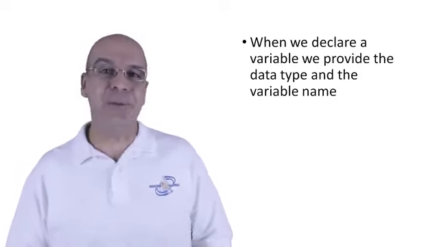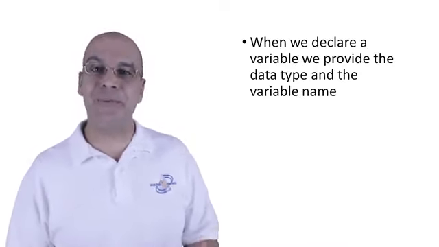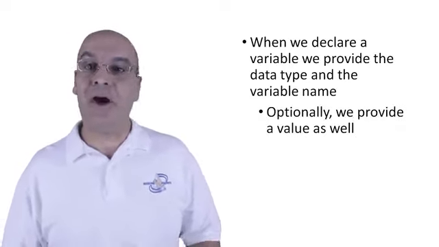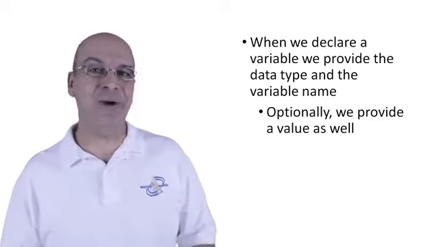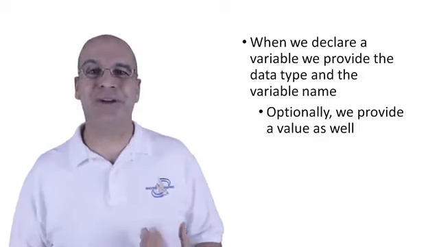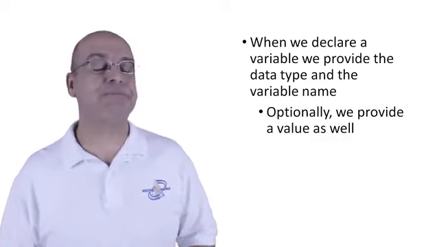And then we put the variable name so that we as programmers can refer to that memory location by name rather than by memory address. Optionally, we can also give the variable a value when we declare it, and we'll see that when we start talking about integers in the following lecture.